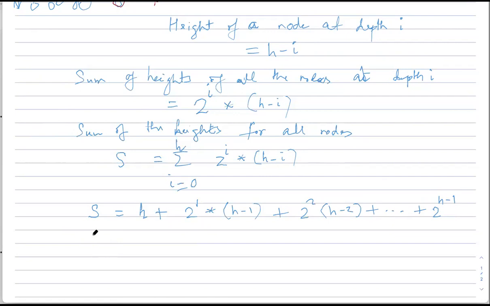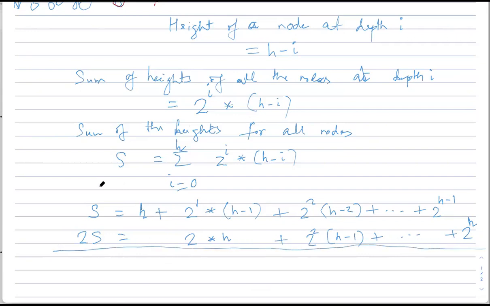So how do we evaluate the sum of this? We can apply a trick here. We can do 2 times S, and we shift this. So this is going to be 2 times H, plus 2 times 2 times H minus 1, that's going to be 2 square times H minus 1, plus dot dot dot. The last term is going to be 2 to the power H because it's multiplied by 2. All right.